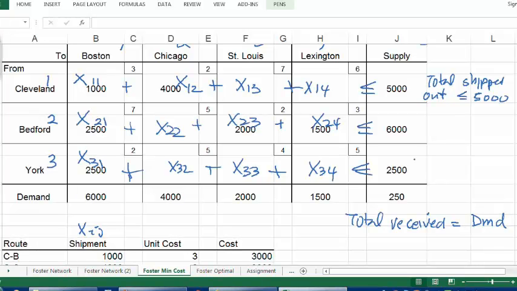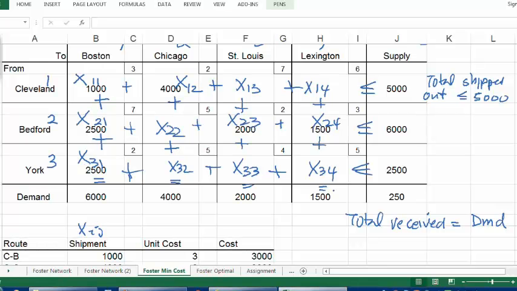So the total received at Boston is going to be the amount that comes from Cleveland plus the amount that comes from Bedford plus the amount that comes from New York. That must be equal to 6,000. So we go to each column and then add the variables, and that should be equal to the demand number given.